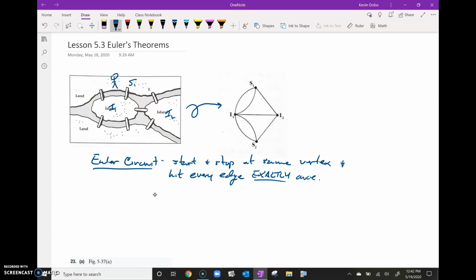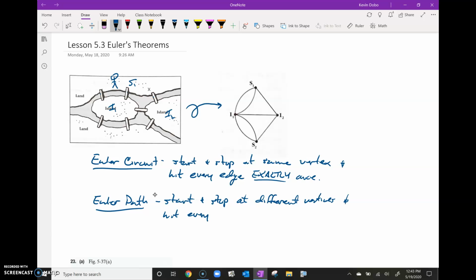Then we also have an Euler path, and this is right out of the reading. In an Euler path, you start and stop at different vertices and hit every edge exactly once.